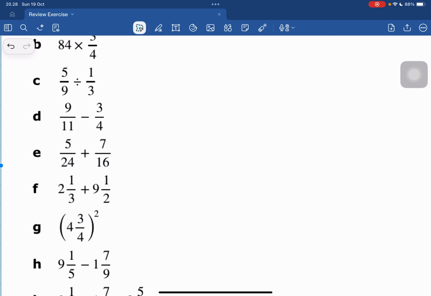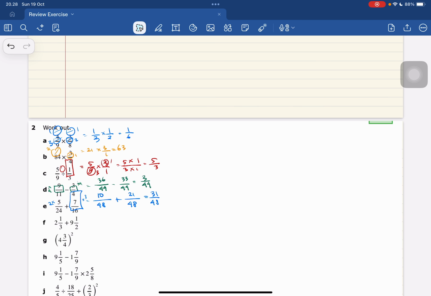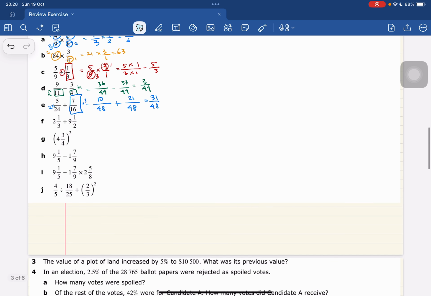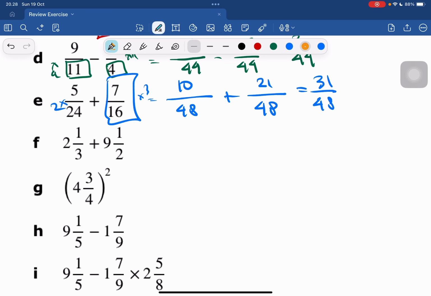Next question. Here, we can make it a whole number and a fraction: 2 and 9 over... let's make it 2 plus 9 over 6 plus 5 over 6.